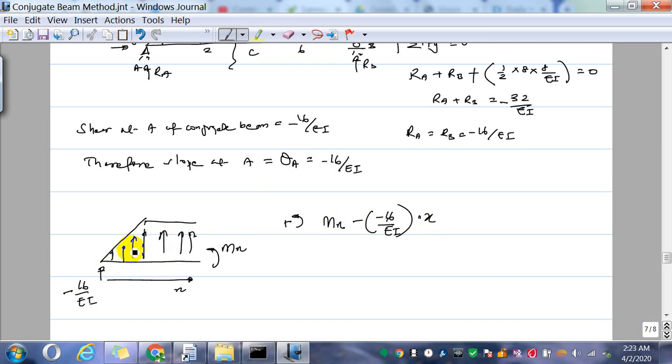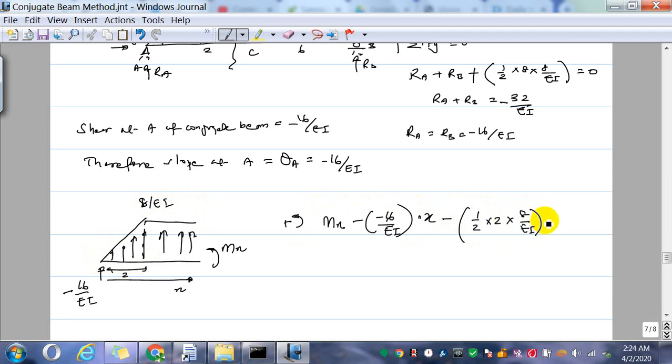Then let me break it into two components. I take the triangular component, so that is again minus half into the base, which is 2, into 8 over EI, and the point of action of that is 2/3 distance from the top.